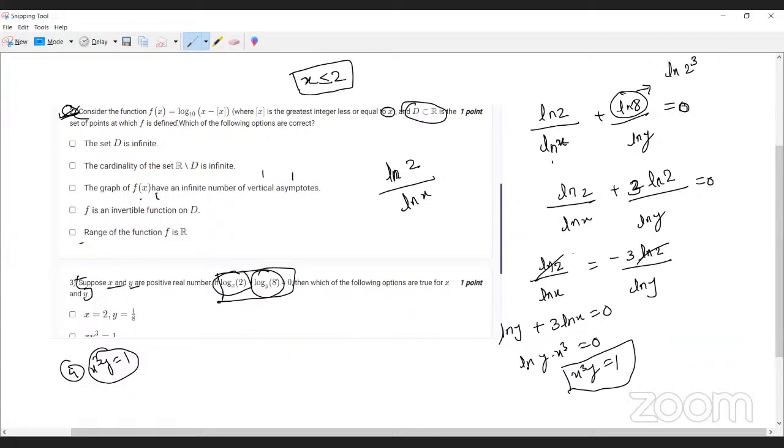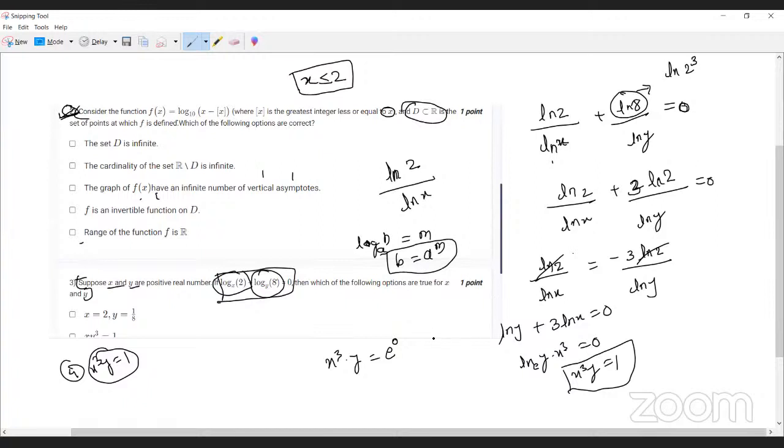Here ln means natural log, that is to the base e. So x cube into y equals e to the power 0. We are just using this property: if log of b to the base a equals m, then b equals a to the power m. Here a is our e and m is 0.